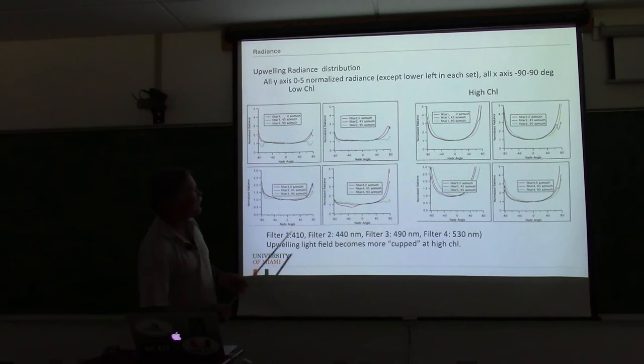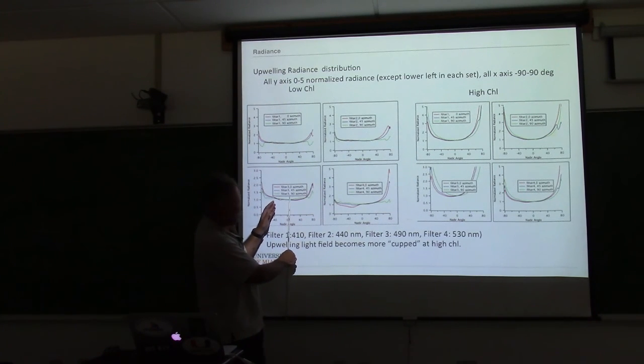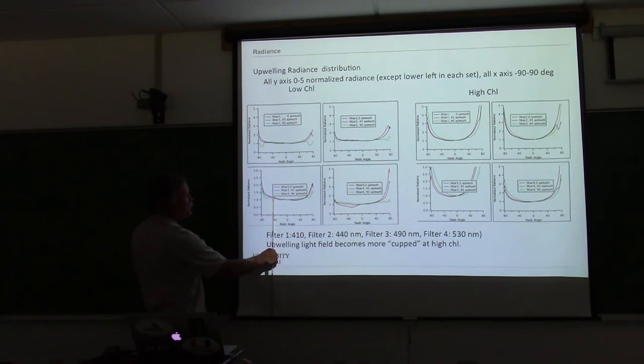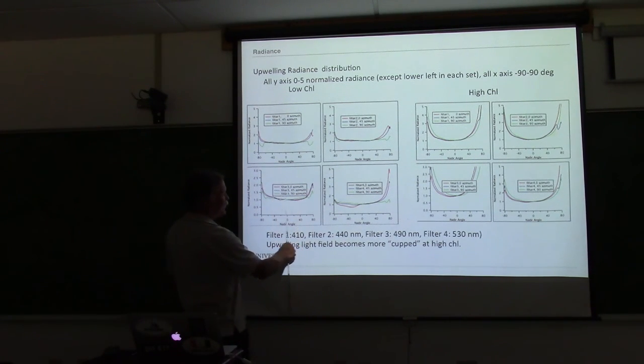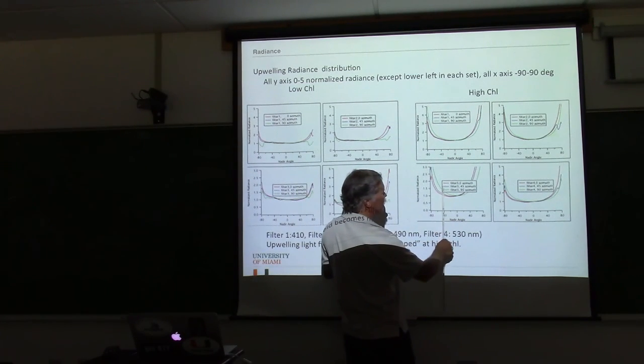In terms of the radiance distribution, to show you something else which will be important toward the end: in clear water, the radiance distribution is more uniform, especially between nadir angles of minus 40 and 40 degrees, versus in turbid water or high chlorophyll, more absorption, where it's more cupped.